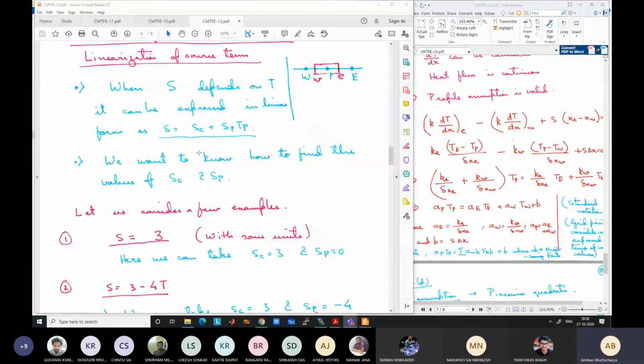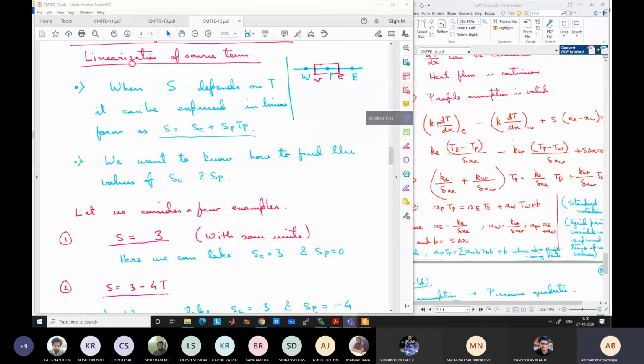So what is the aim of this linearization of source term? If there is a complex source term S, which is some function of T, how to calculate the value of SC and SP so that we can represent this source term as S is equal to SC plus SP TP.